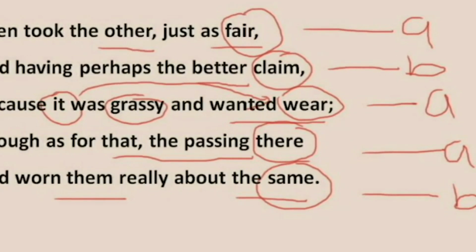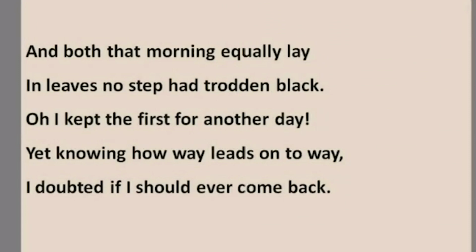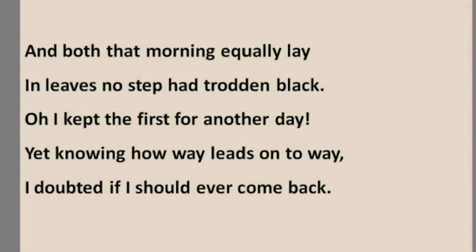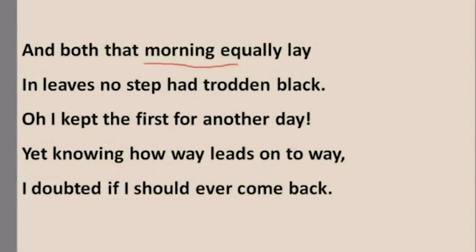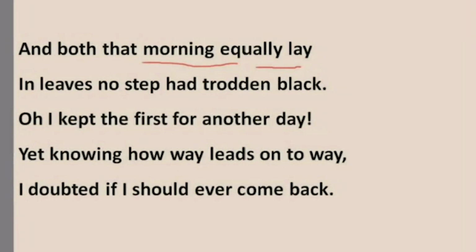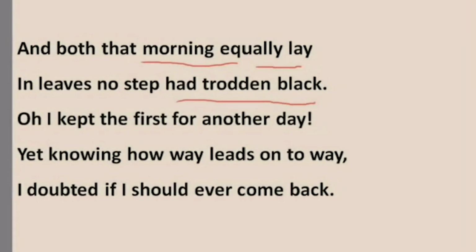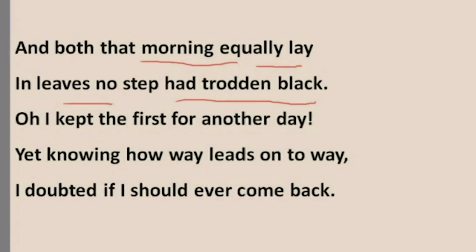Now let us move on to the third stanza. The next morning, the poet got up and looked at both the roads, and both the roads looked equally the same because it was early in the morning and nobody had walked on them. Trodden means walked, and the leaves had not turned black.